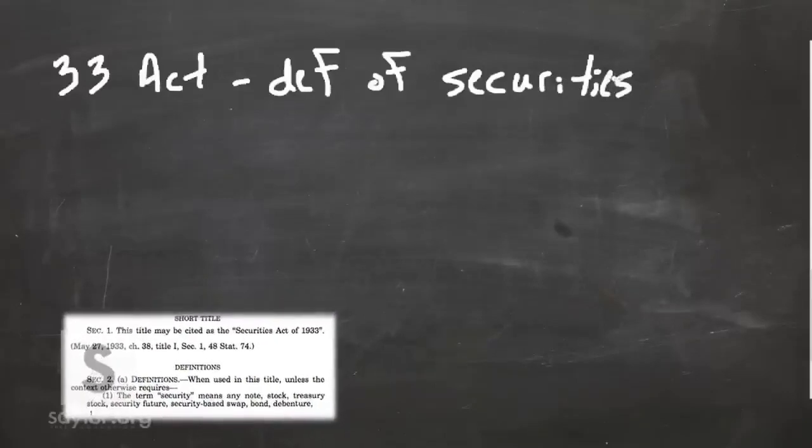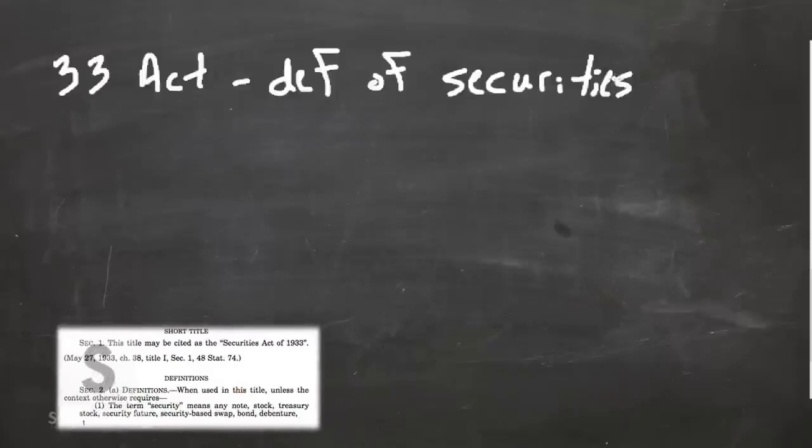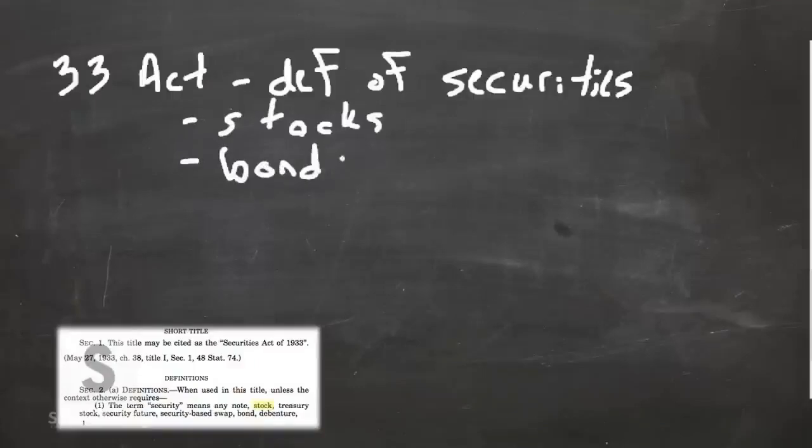And you'll see that a security includes many things that we probably normally would think of as securities. Things like stocks. We talked about earlier, stocks are the ownership interest in corporations. Bonds, loans made by companies. Notes, like promissory notes, indicating a promise by a company to pay back a loan.